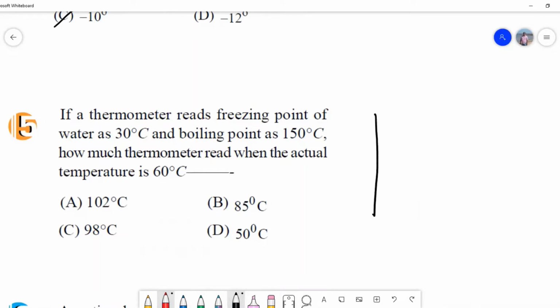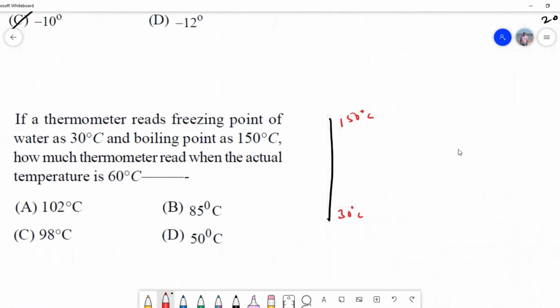So let us take a faulty thermometer where the lower fixed point is given as 30 degrees centigrade. The upper fixed point is given as 150 degrees centigrade, and the reading is to be found on this scale. Now, the original scale is 0 degrees centigrade to 100 degrees centigrade.